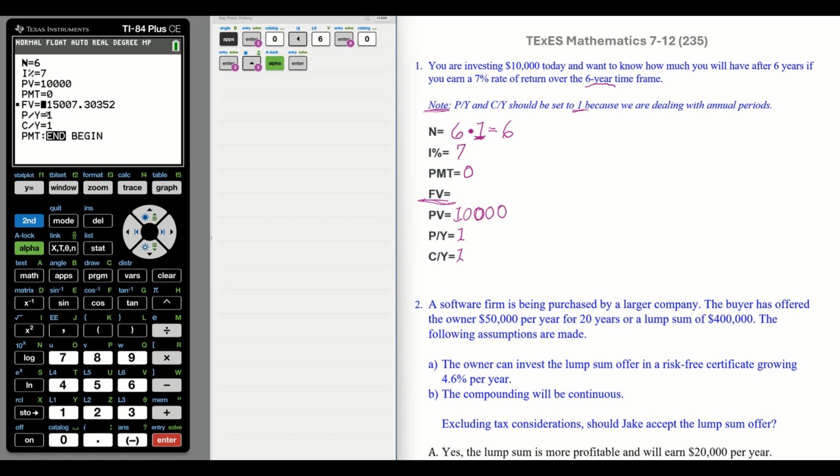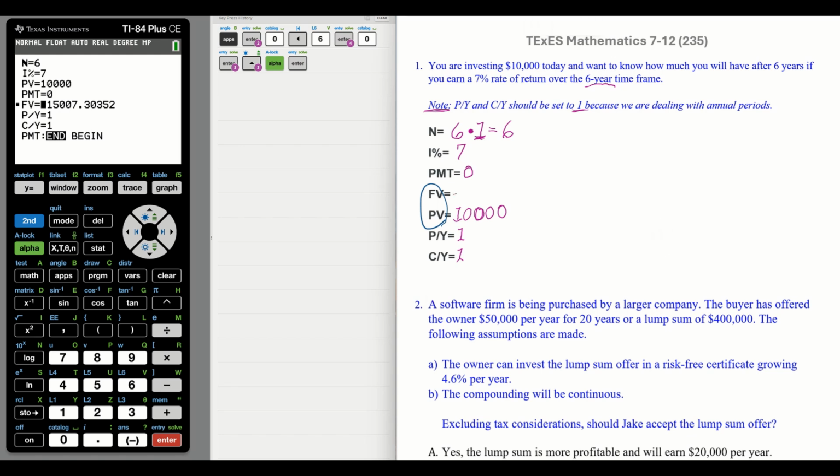When you push enter, you do get the correct value, but notice that it has a negative in front of it. You need to remember that with future value or present value, when this calculator is popping things out, one of them must have a negative in front of it for your calculations to work.